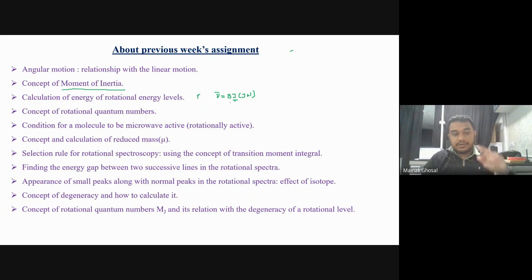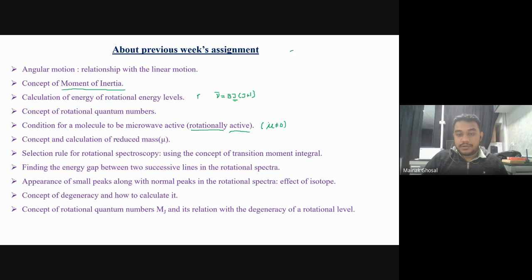Then there was a discussion on what should be the condition for a molecule to show rotational activity. That is, all molecules will not show rotational activity. It was discussed that for a rotationally active or microwave active molecule, your permanent dipole moment should be non-zero.